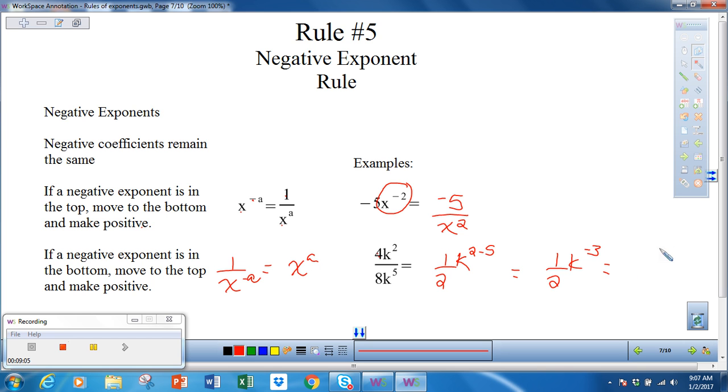We're going to write that at the bottom because it's negative. And that would be our final answer. So negative exponents move. If they're at the top, they move to the bottom. If they're at the bottom, then they move to the top.